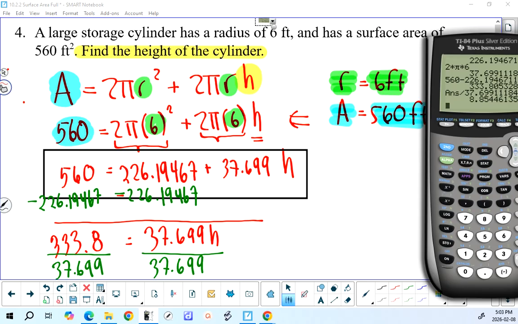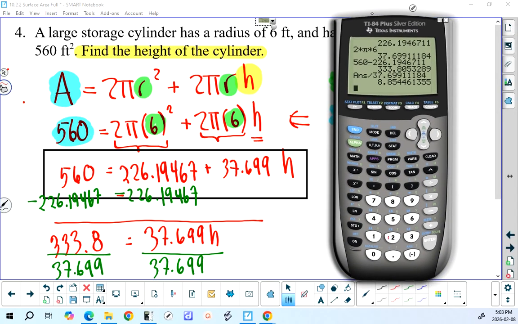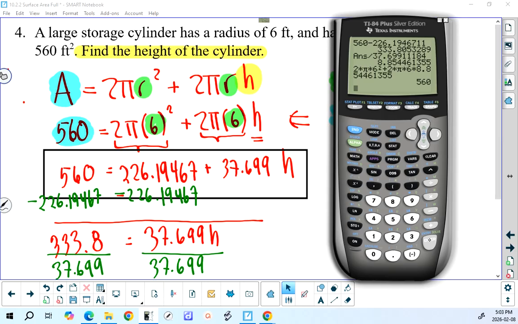Here we go. 2 times pi times 6 squared. So I'm entering in everything in that equation that my arrow is pointing to to see if I get 560. Times 6 squared plus 2 times pi times 6 times my answer of H. And I get exactly 560.